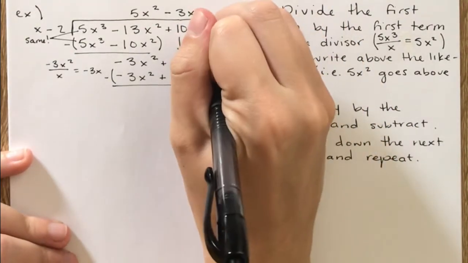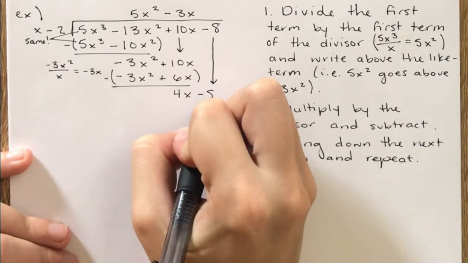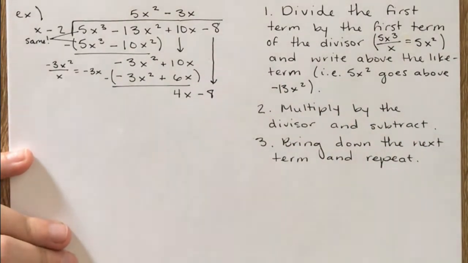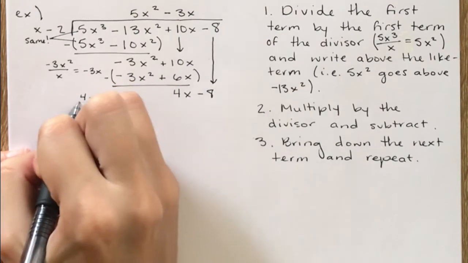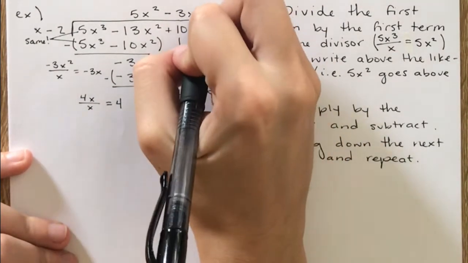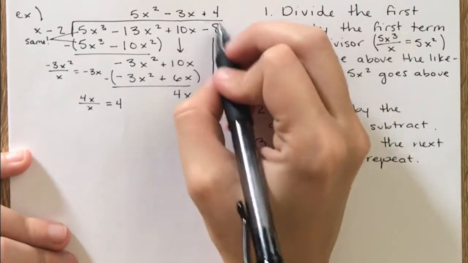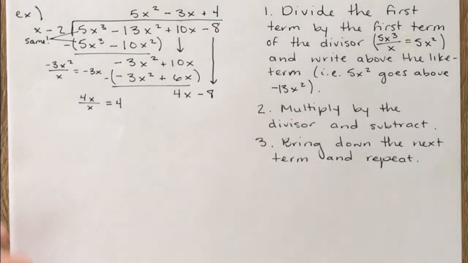All right, we need to bring down this negative 8, so we have two terms here, and then we can repeat. So we divide first term by first term. 4x divided by x is just 4. So I have plus 4. That goes above my constant negative 8 because it's a constant term.